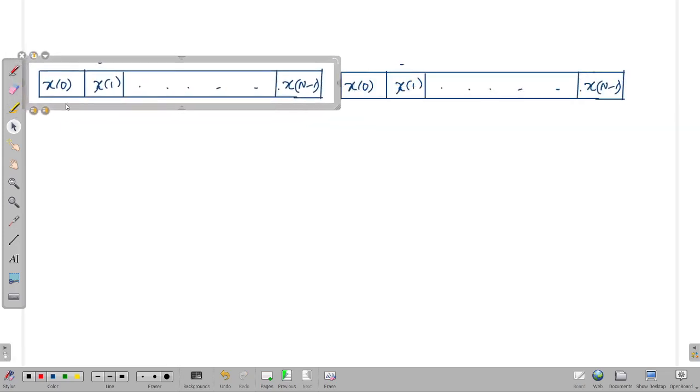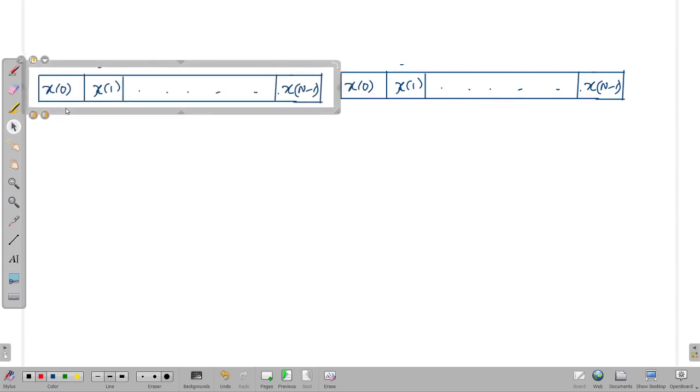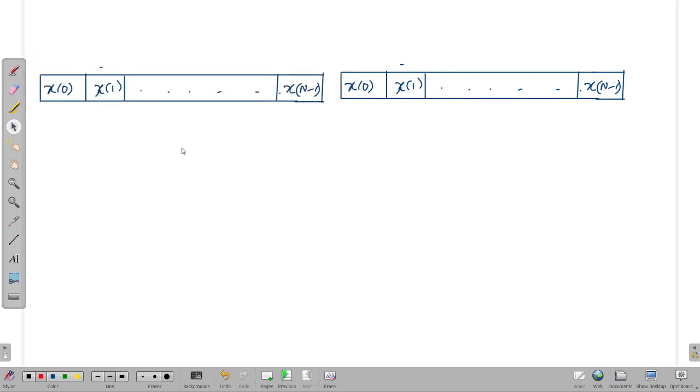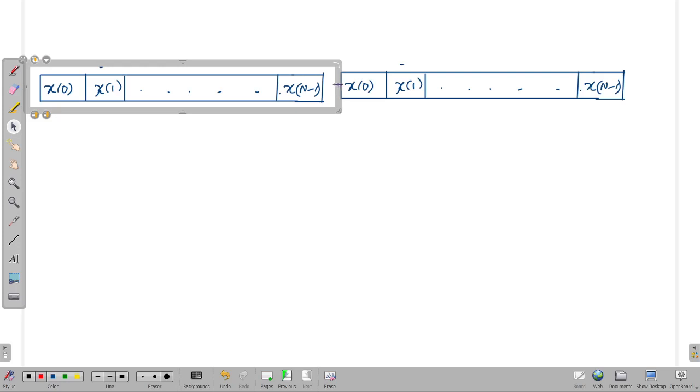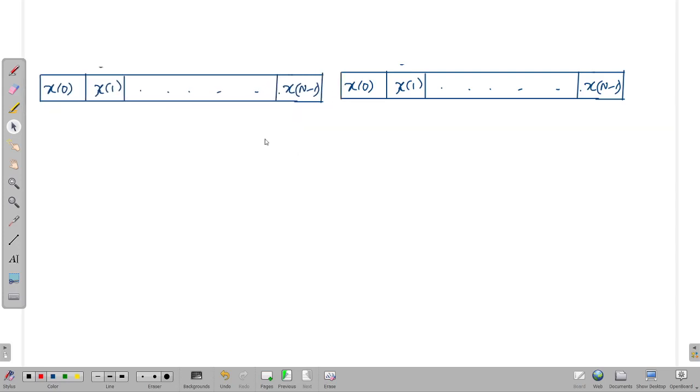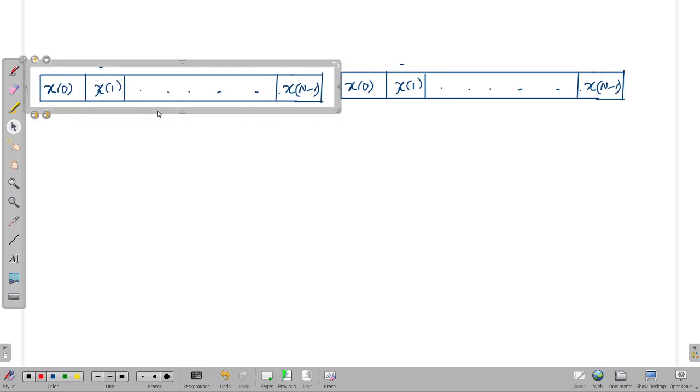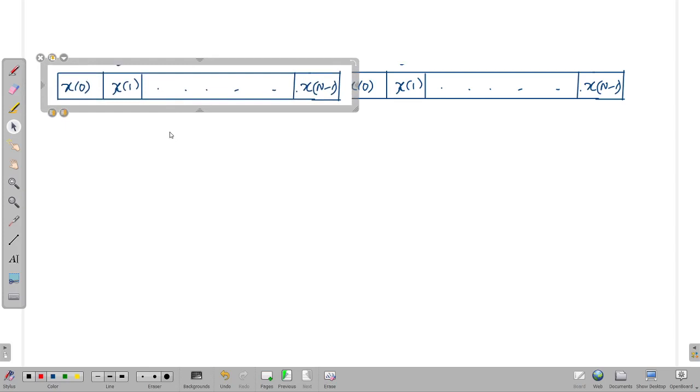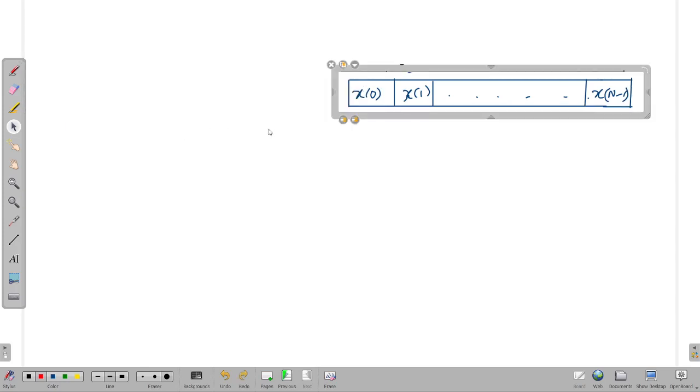There could be another block before this transmission, and it could look like this. I'll draw another block.